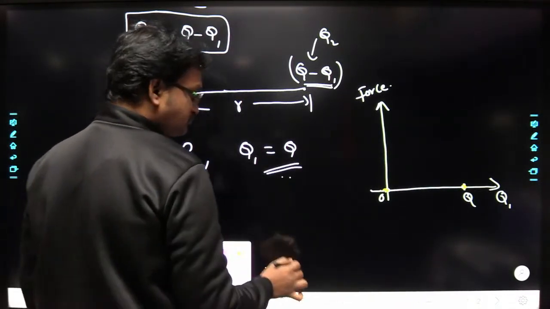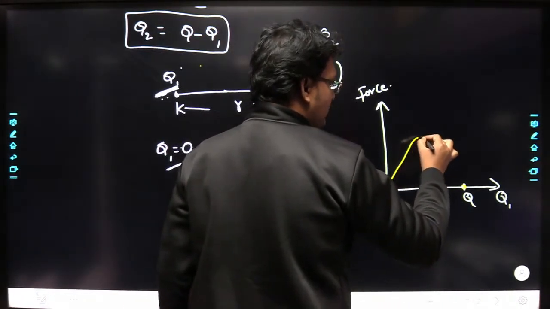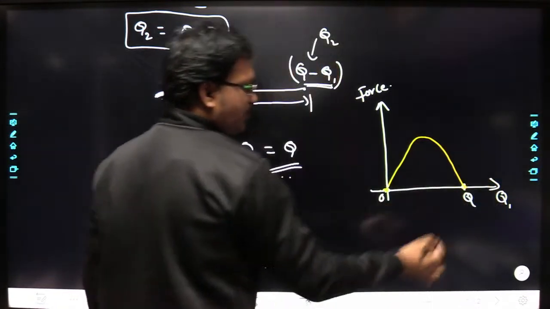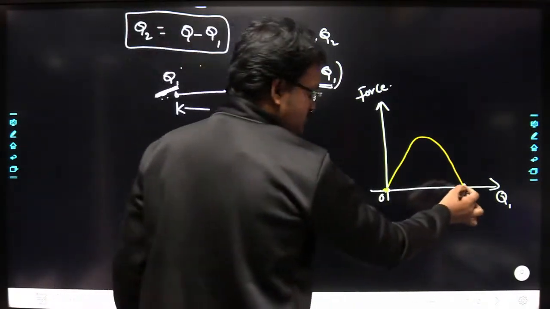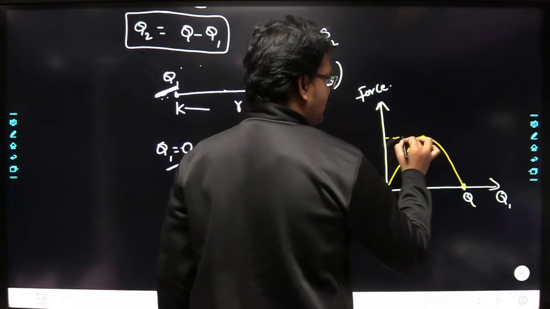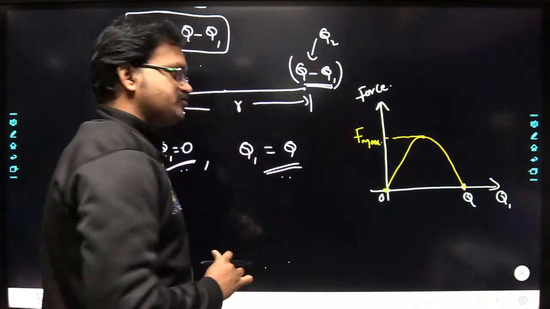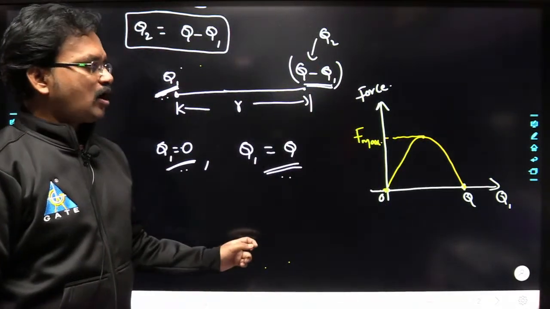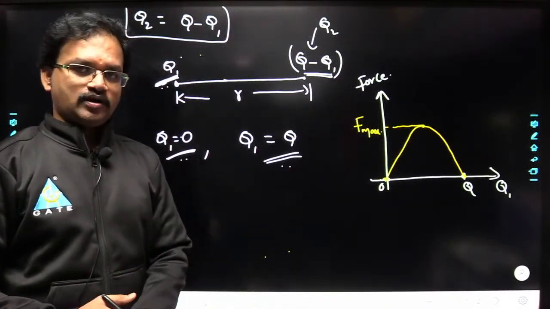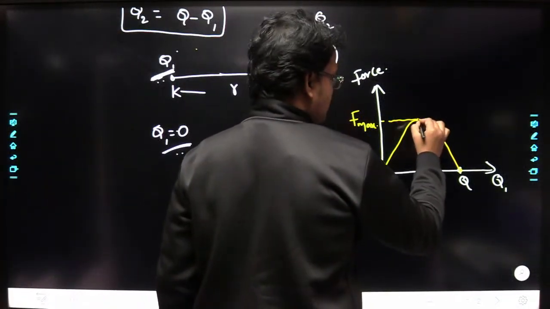That means it is increasing, becomes maximum at some location, and then decreases until it becomes 0 at this location. So at this location you have the maximum force. See, this is actually a very simple problem, but you have to understand the analysis, how we have to analyze the given problem, that is important. So this is the maximum force.